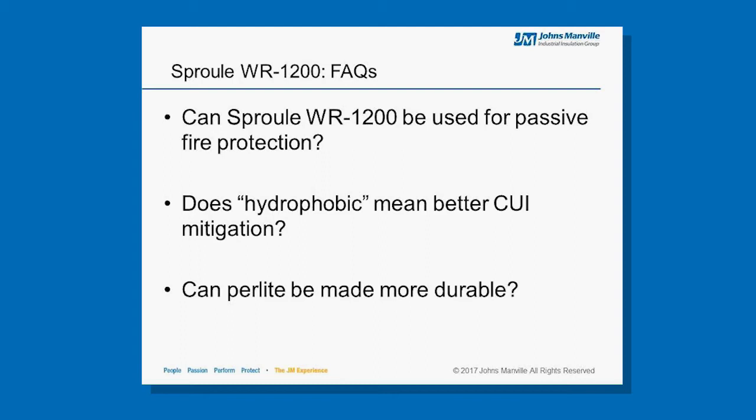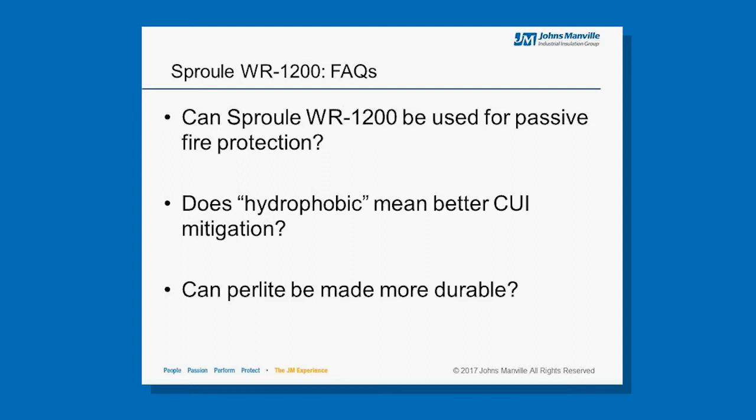Does hydrophobic mean better CUI mitigation? The answer to this question is, it depends. Not necessarily. Hydrophobic means that the material will not absorb water. It doesn't necessarily mean that it will provide better CUI mitigation. Hydrophobicity oxidizes above 600 degrees Fahrenheit.